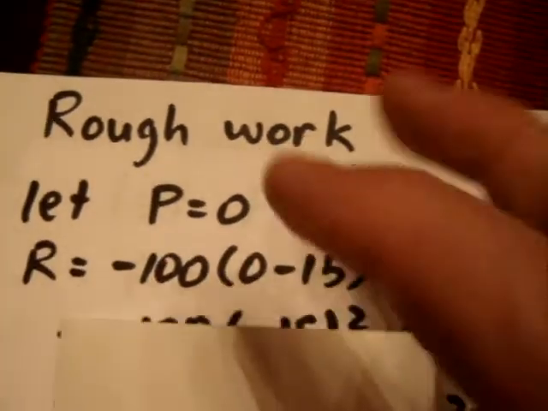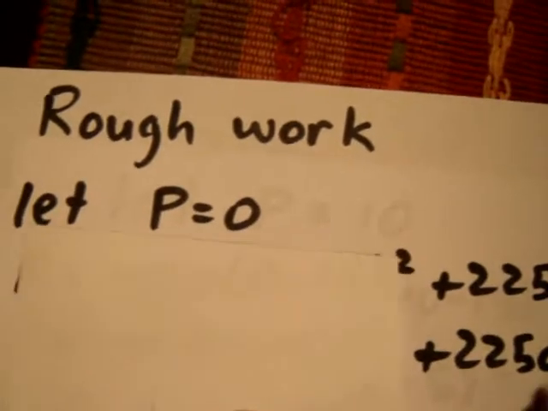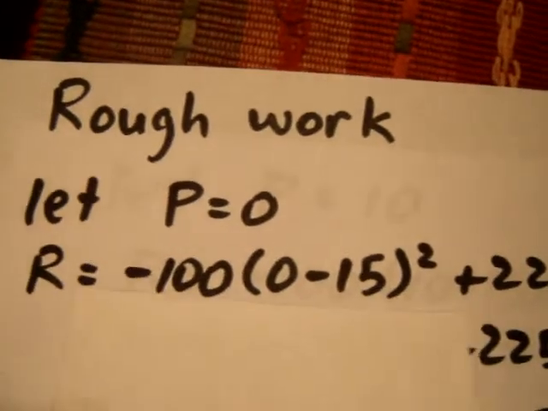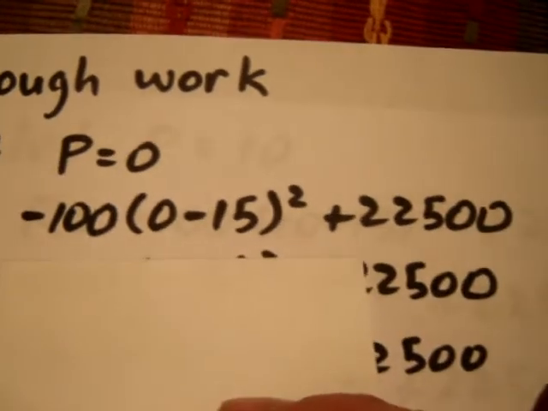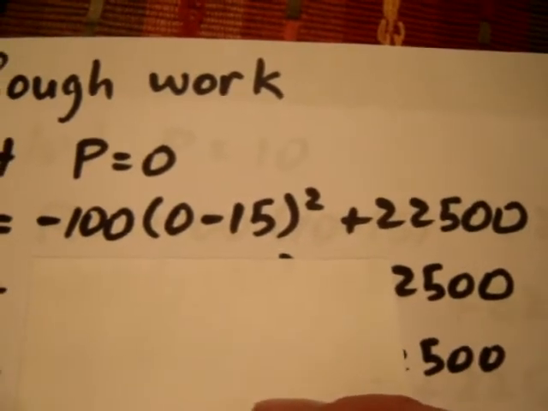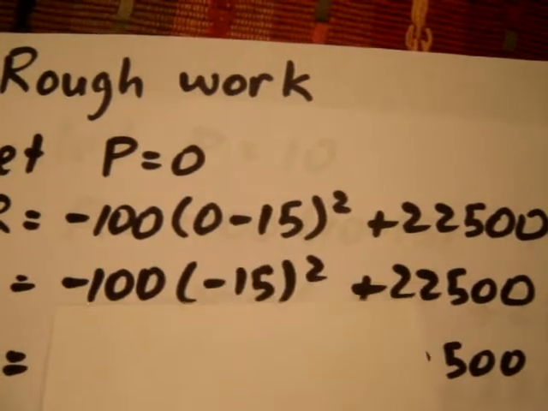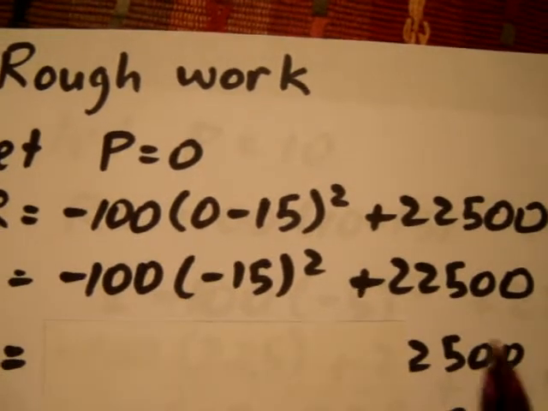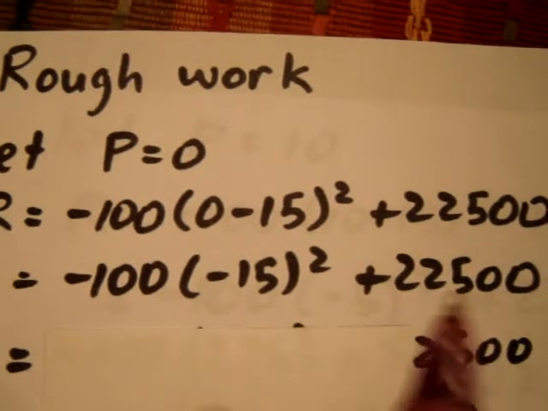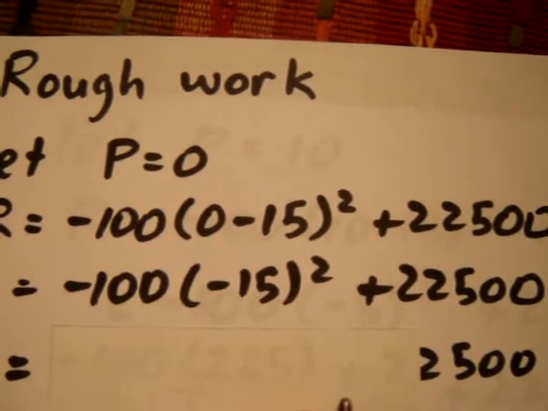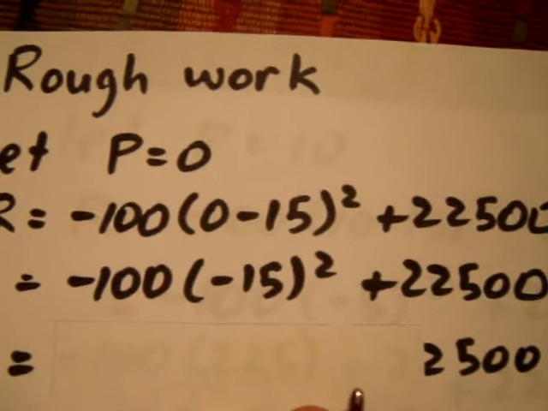So we let P equal 0. And if we let P equal 0, we see that R is going to equal negative 100 times (0 minus 15) squared. That bracket will be evaluated to be negative 15. The exponent is then done next.